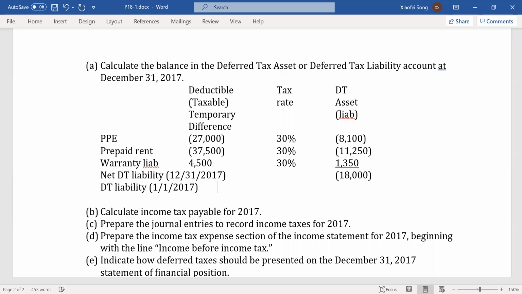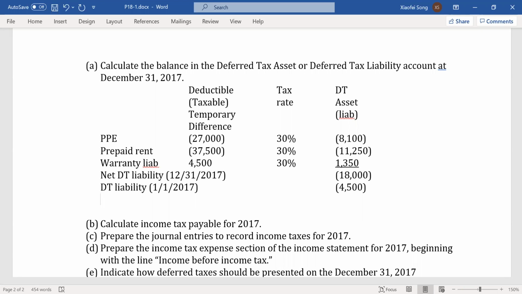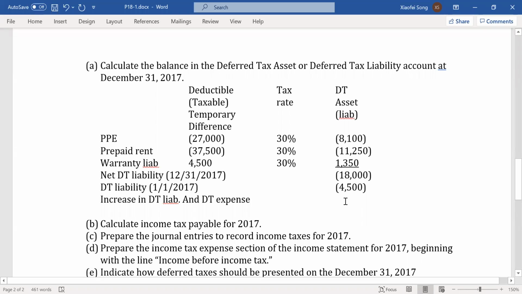So we subtract 4,500. Therefore, the increase in deferred tax liability is also the deferred tax expense on the income statement. That will be 13,500.